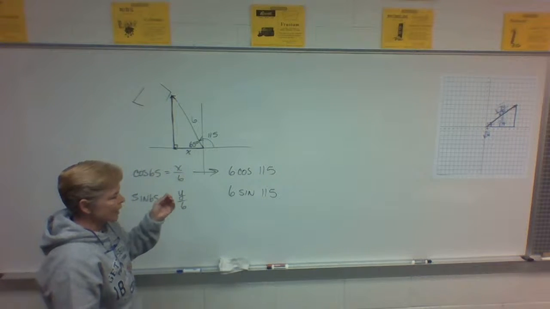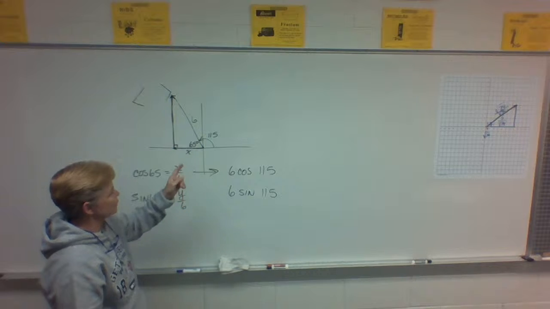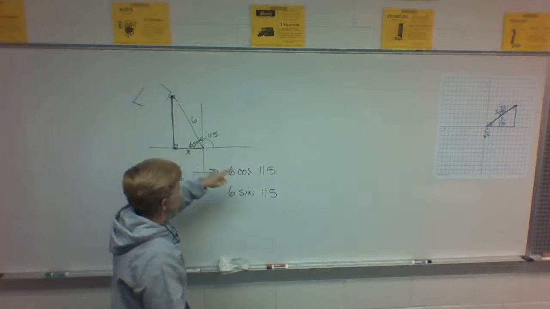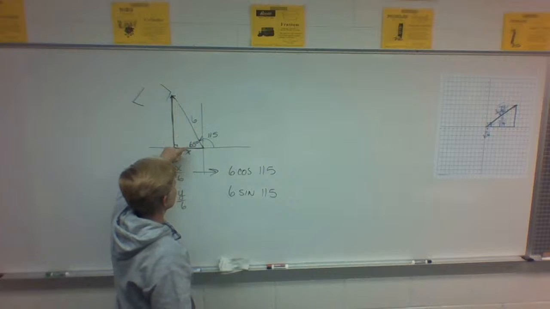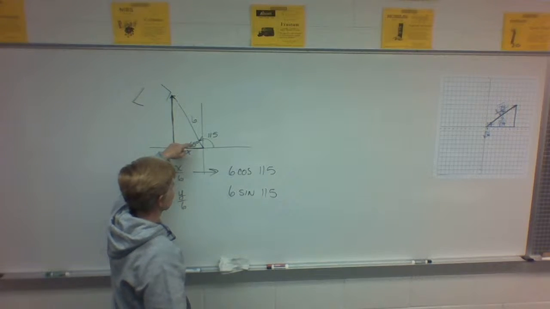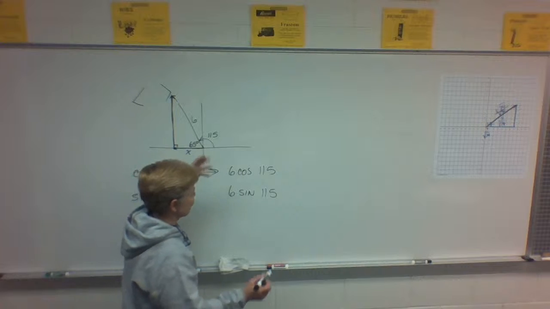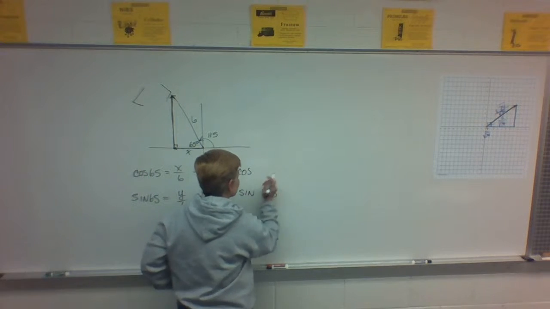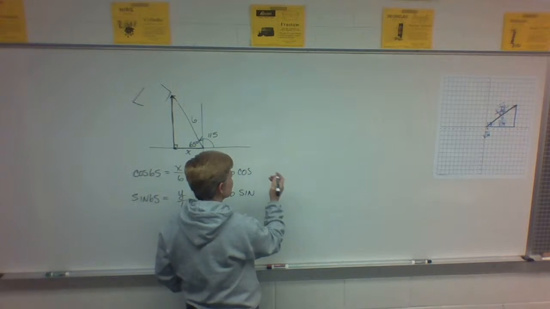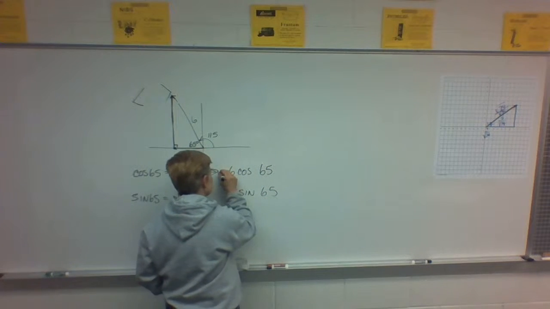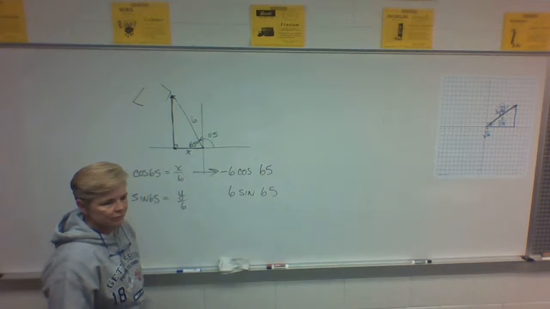The reason I don't like this method, rather than assigning the signs myself, is because this doesn't belong to a triangle. So I have to remember, I'm talking about this, but I really mean this, because if I do this, it will give the appropriate signs. I don't like to do that. What I like to do is use that reference angle, and it'll always be between 0 and 90. That's just me. And then make sure that I attach the appropriate signs.